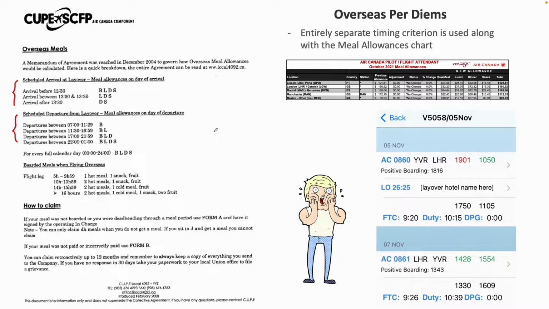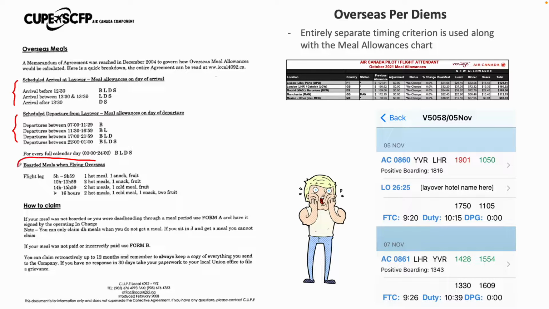The reason we have a different set of numbers and meal allowances relative to overseas flights is because we have meals boarded on our aircraft when we are going to an overseas destination. This is not something that we have when doing domestic flights.